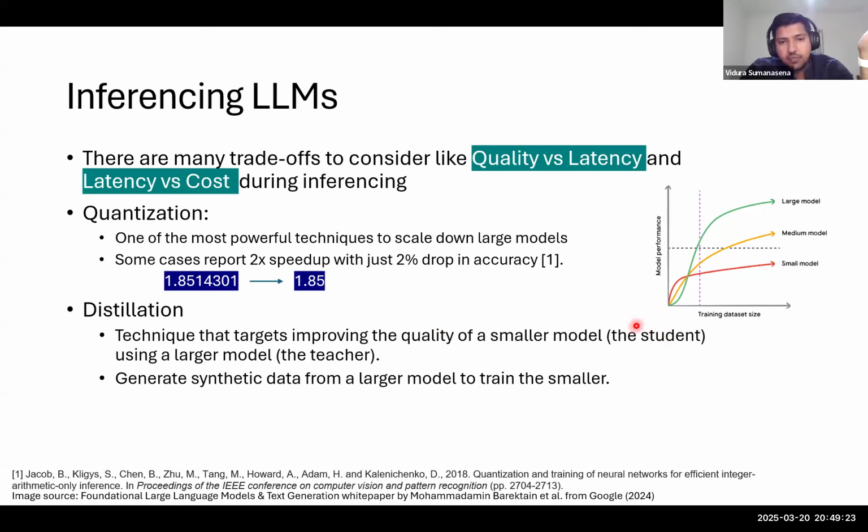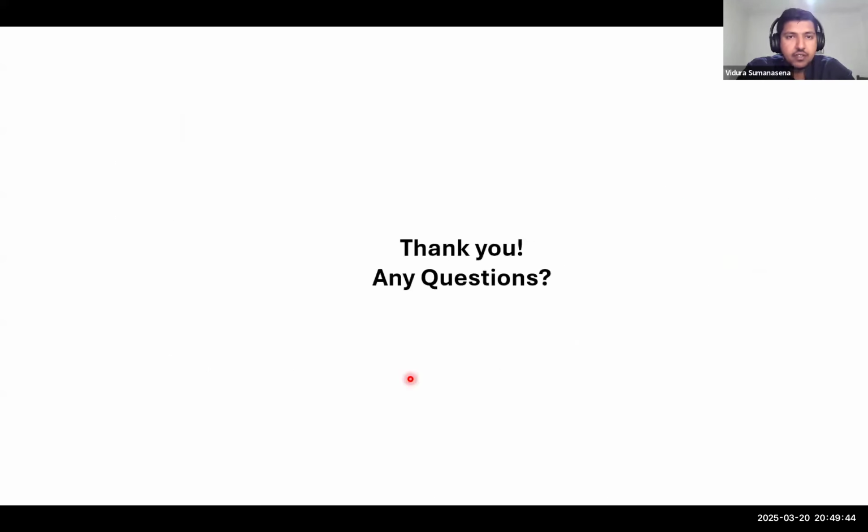You have a larger model and you train a smaller model. There are rumors that GPT-4o is a student model, and that OpenAI also has a much larger model. But that's just a rumor. So this is a bit about inferencing.